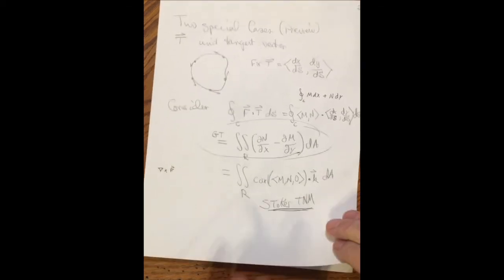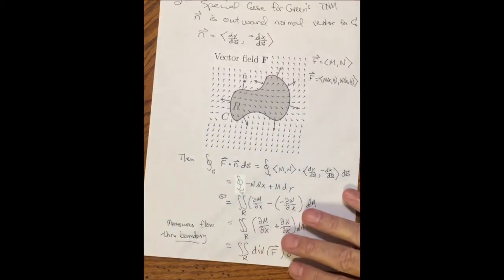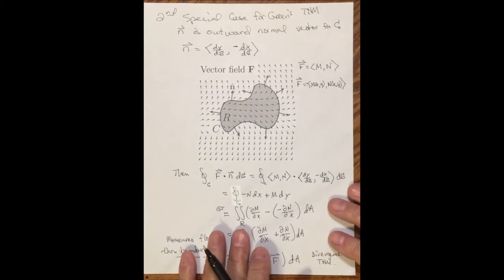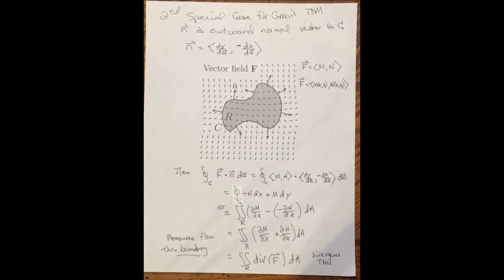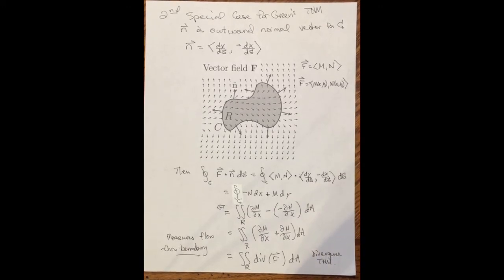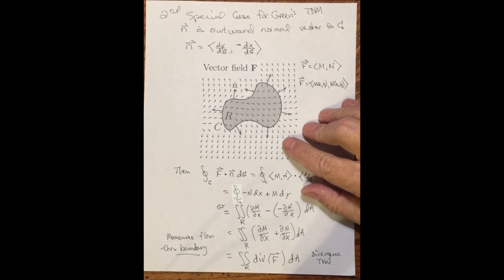One last thing I would like to do is this. Now, this is the second special case of Green's theorem, and what I've done, I've put this kind of in a picture. I stole this picture off the internet. Think of your vector field, and this is just an example.